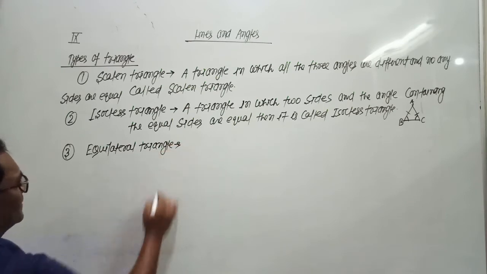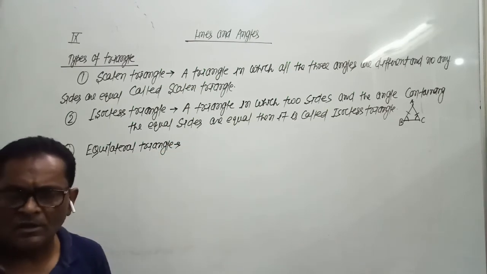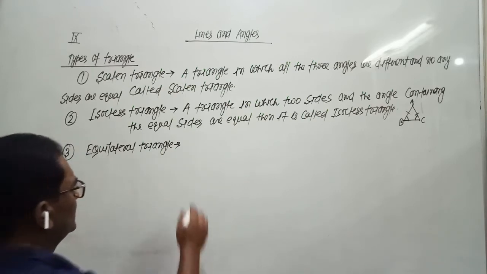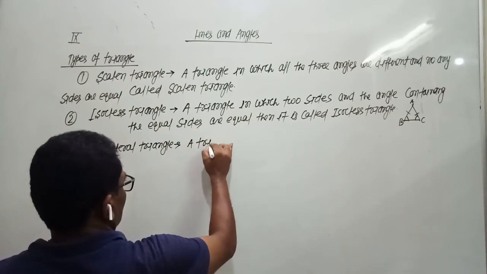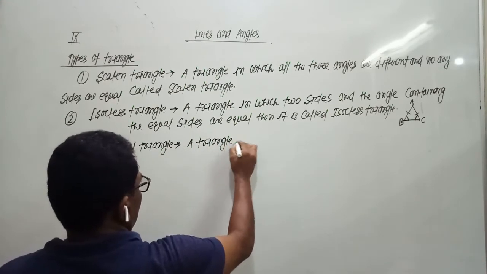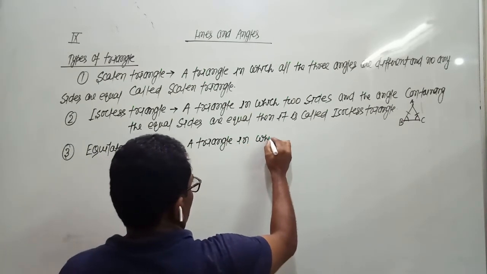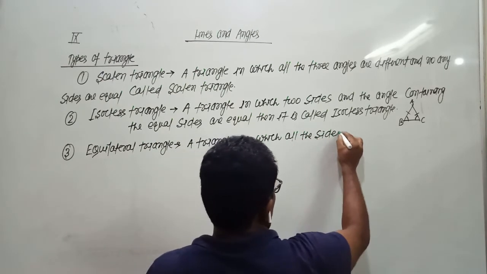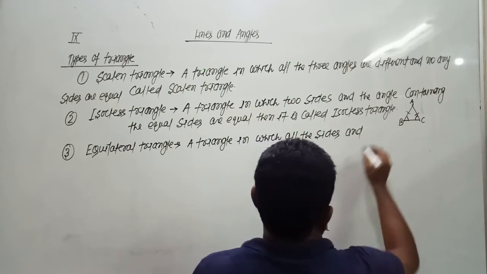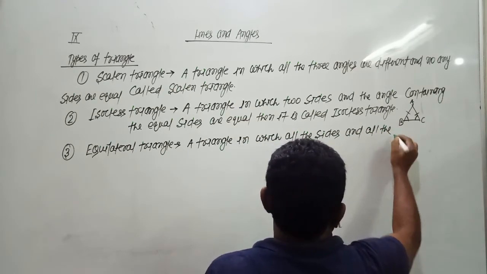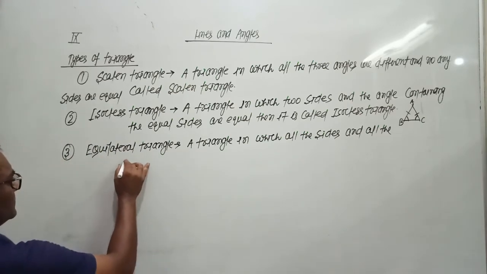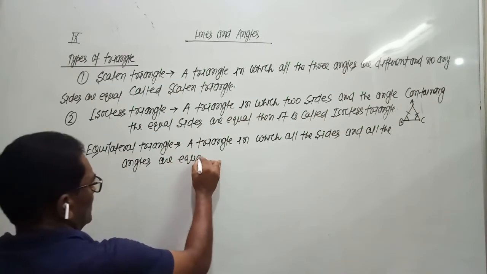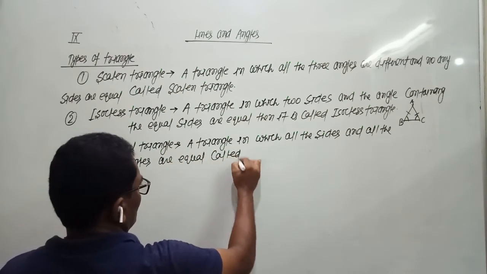A triangle in which all the sides are equal and also all the angles are equal is called an equilateral triangle.